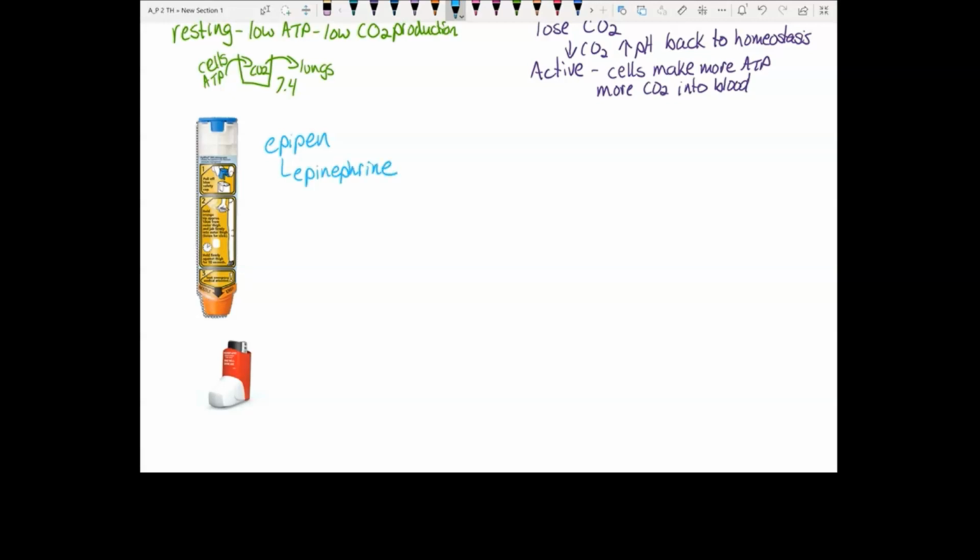So this is simulating your sympathetic. The same thing down here, this is a rescue inhaler. Okay, and it contains albuterol. Okay, both of these medicines work in the same way. They both mimic norepinephrine.